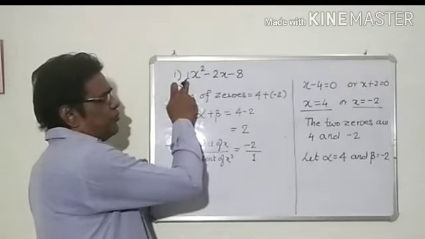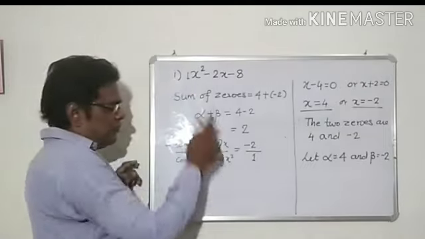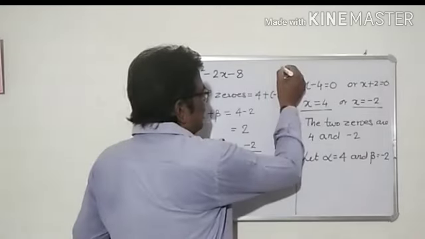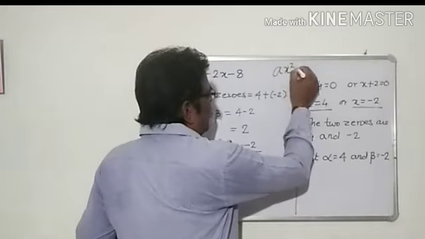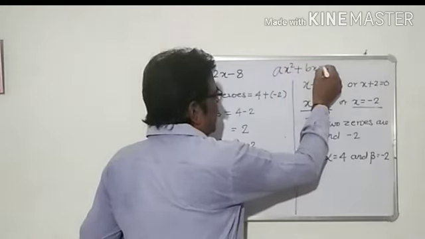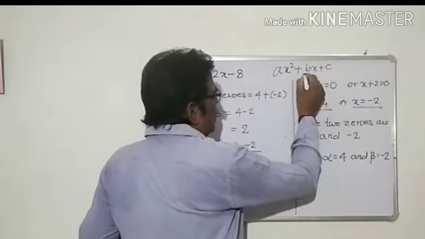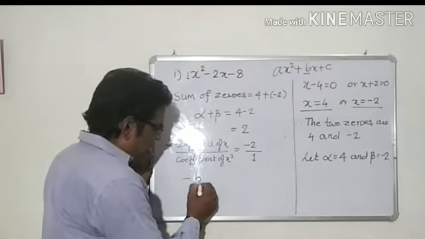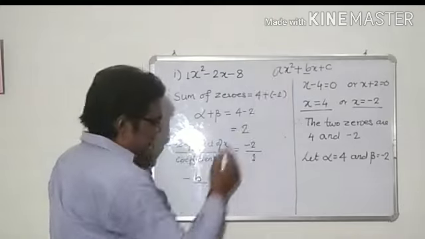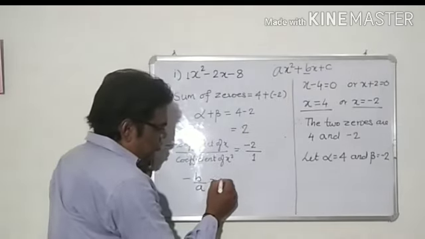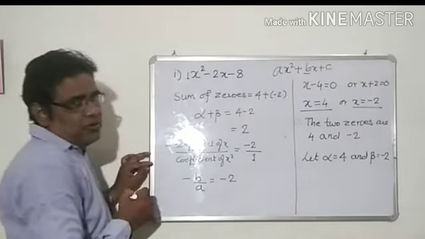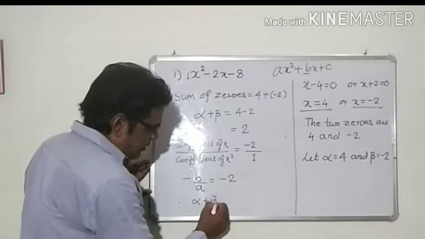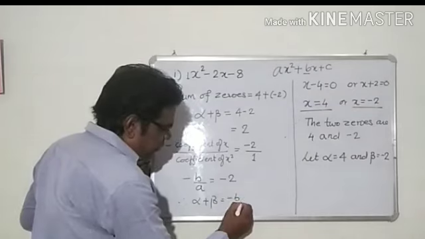Now if you have the general polynomial ax square plus bx plus c, coefficient of x means b. So minus b upon coefficient of x square, that is a, equals minus of minus 2 upon 1. So you say therefore alpha plus beta equals minus b upon a.